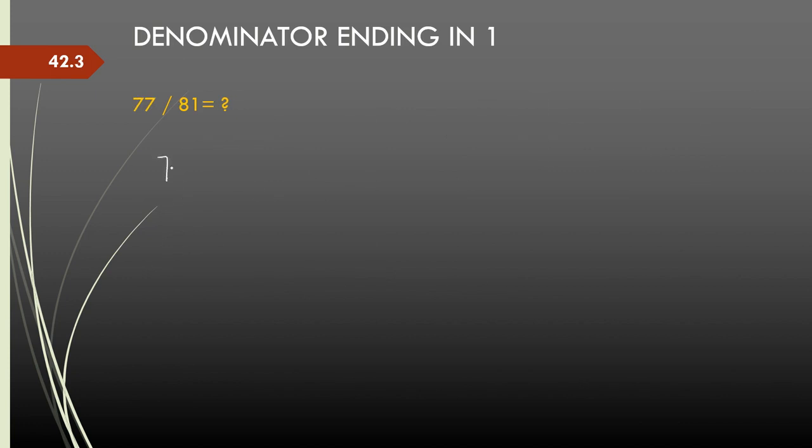So, let us say I was resolving 77 by 81 into a decimal. So, I will divide with 8. The first step will be 76 divided by 8. So, that is 9 times 72, 4, and 9 minus 9.